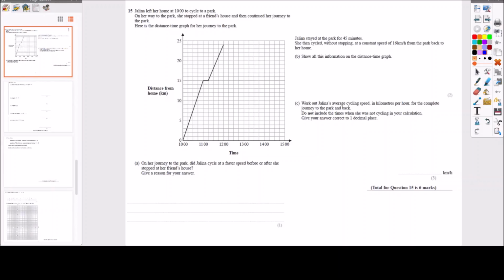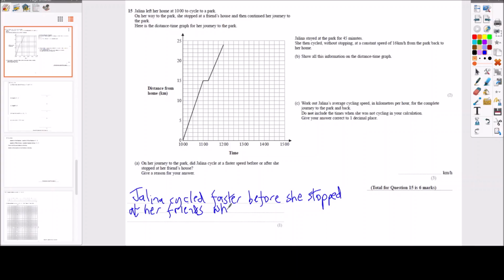So, to answer the question, Jelena cycled faster before she stopped at her friend's, where the gradient, that's the slope, is steeper.